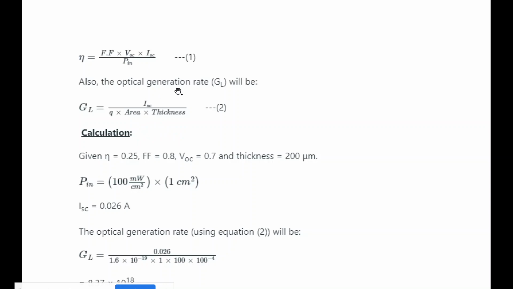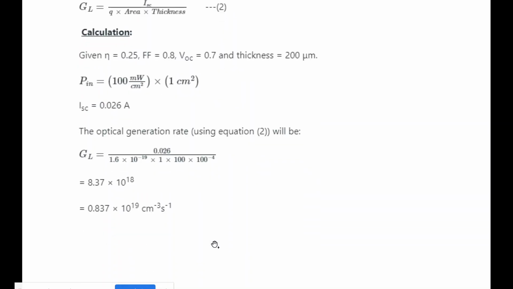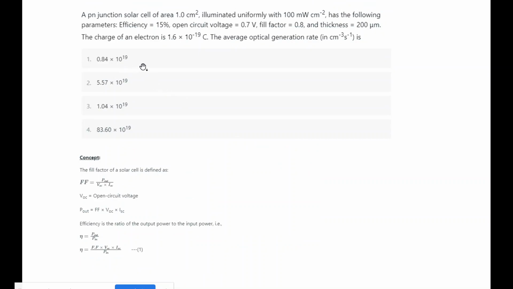That means the optical generation rate is the generation rate per unit area per unit thickness. We put the given parameters directly, and after calculating, the answer comes as 0.837. So the answer is A. Already I have calculated.